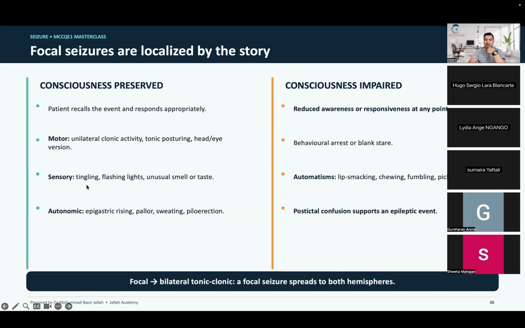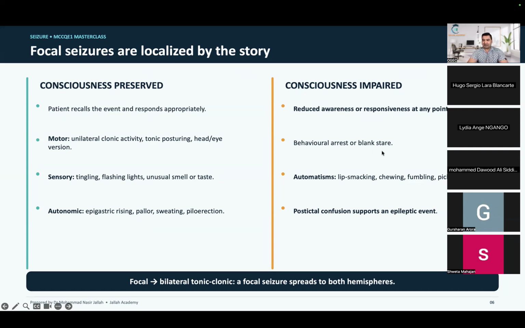Sensory could be tingling, flashing lights, unusual smell, or taste. Autonomic: epigastric rising, pallor, sweating, piloerection, when the hair stands. Goosebumps, thank you. Reduced awareness or responsiveness at any point.